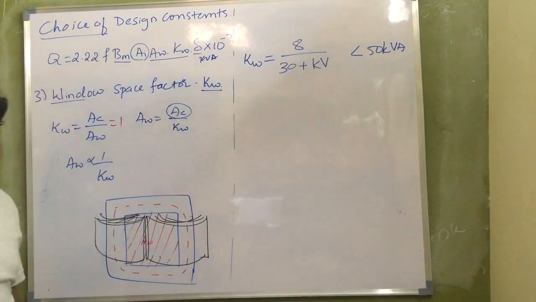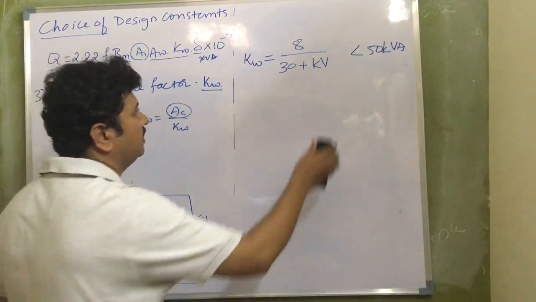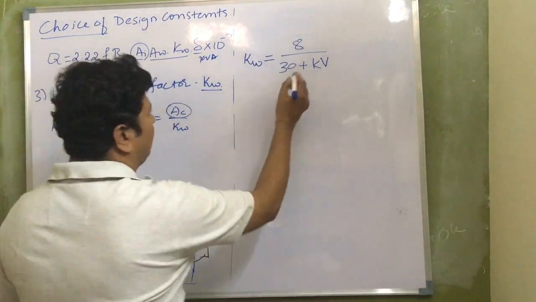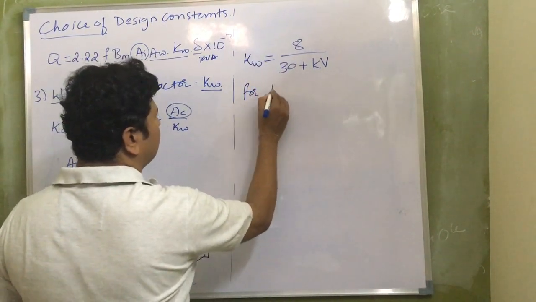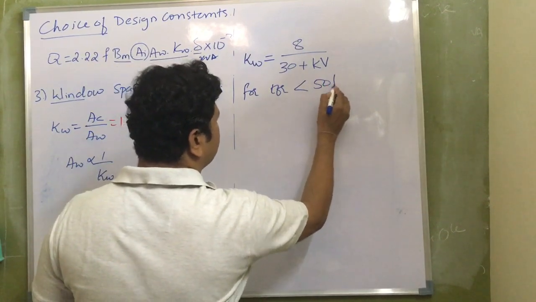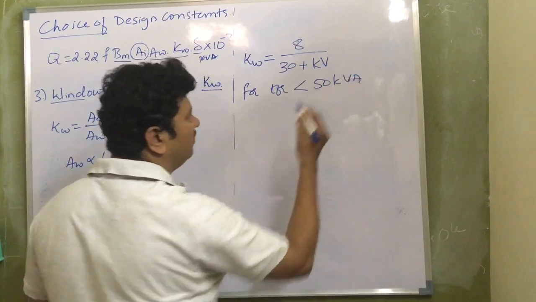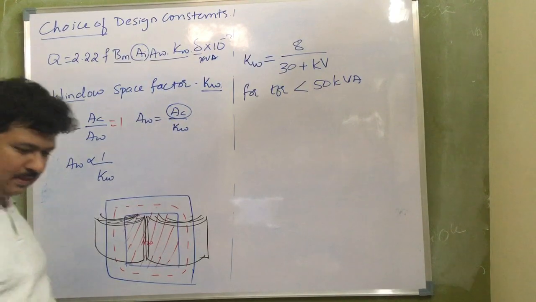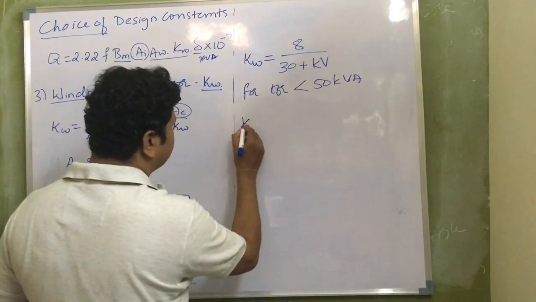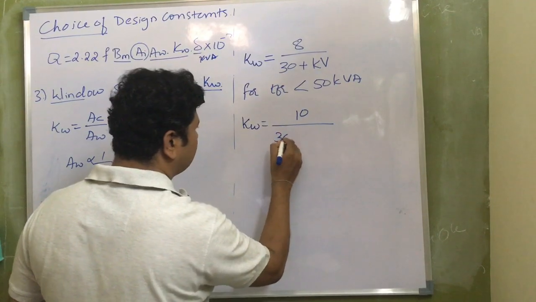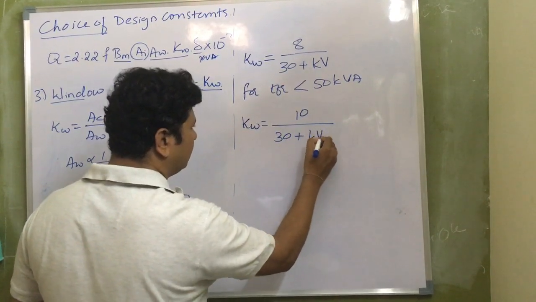For transformers less than 50 kVA, kW equal to 8 divided by 30 plus kV. Then kW is equal to 10 divided by 30 plus kV.